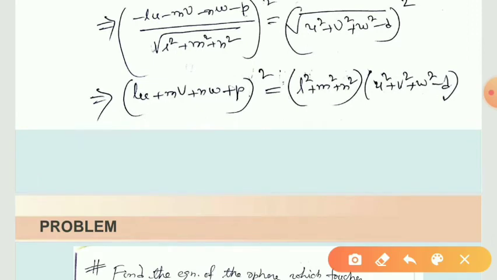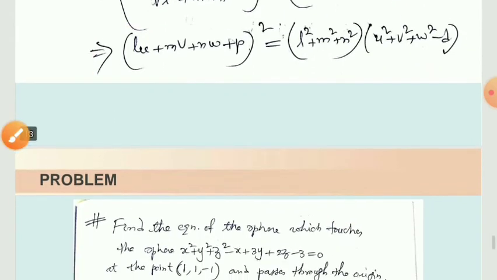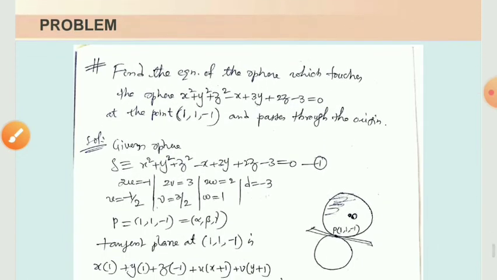Therefore, Lu plus Mv plus Nw plus P whole square is equal to L square plus M square plus N square into u square plus v square plus w square minus d, as the root will cancel with the square. Therefore, this is the condition. Hence, the proof is over.